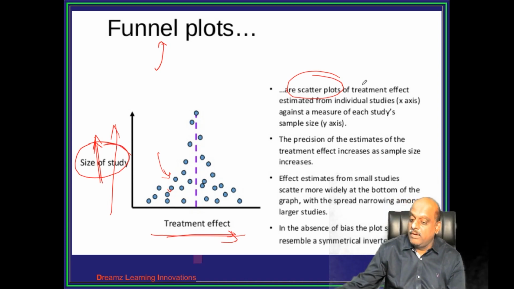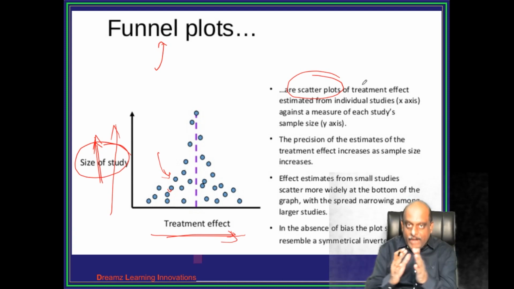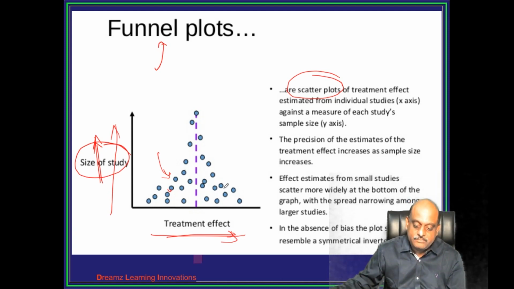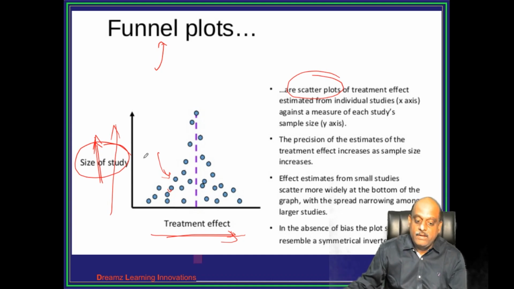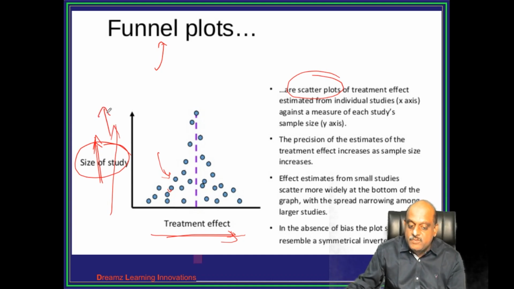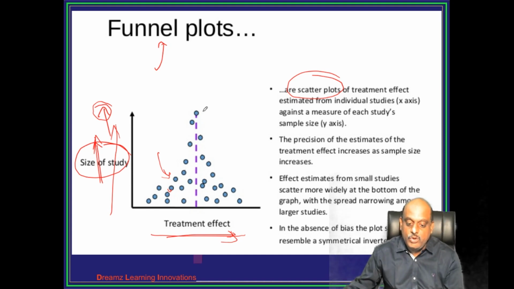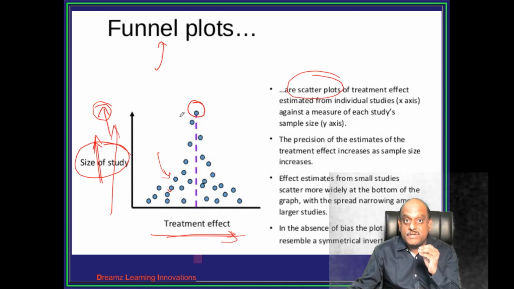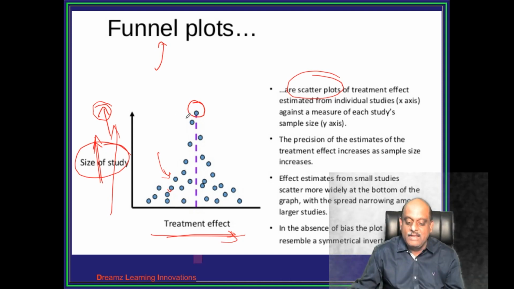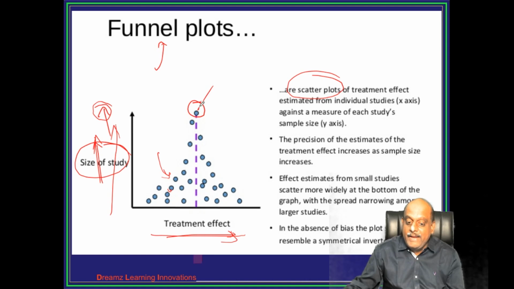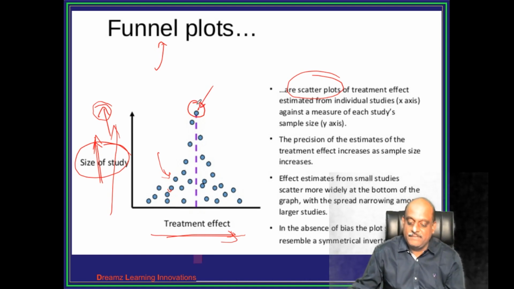So in a scatter plot, when you look at this, what will you understand? If the size of the study is more, then you are able to have or study or see the highest amount of treatment effect.